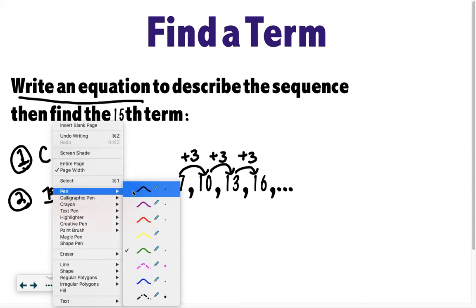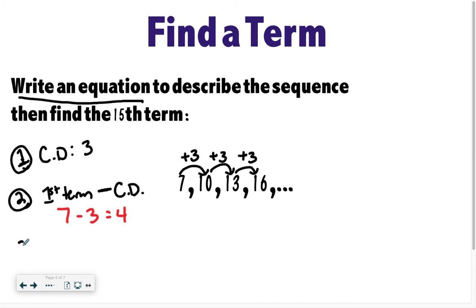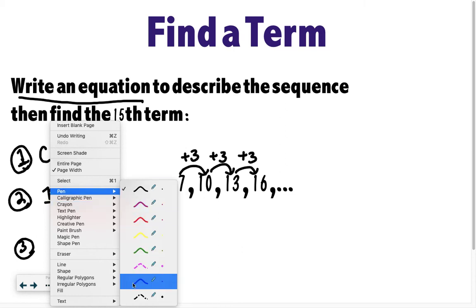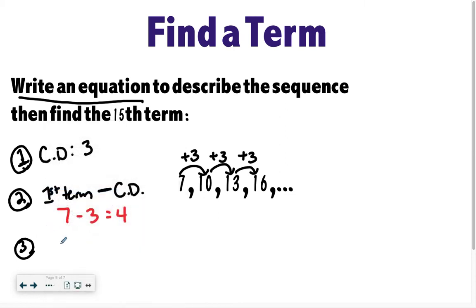And so then, once you have those two pieces of information, the way you write the equation is you say A of n. That's how we signify that we're dealing with an arithmetic sequence, okay?